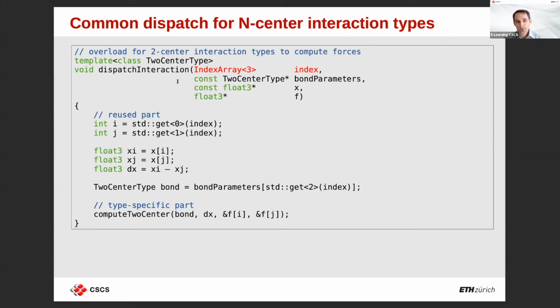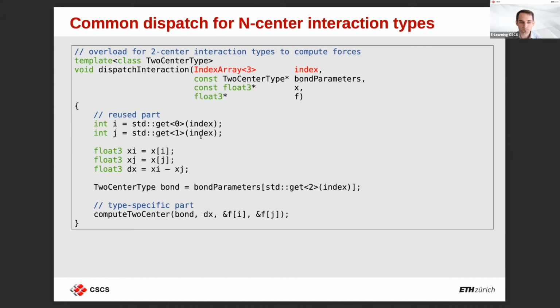And now I can actually write or implement just one function to handle all the bonds. Because I'm using different types now, I have the option to use classical overload resolution to distinguish between the number of indices I get passed for an interaction. And so for bonds, I already know that there will be an index array with 3 entries in it.